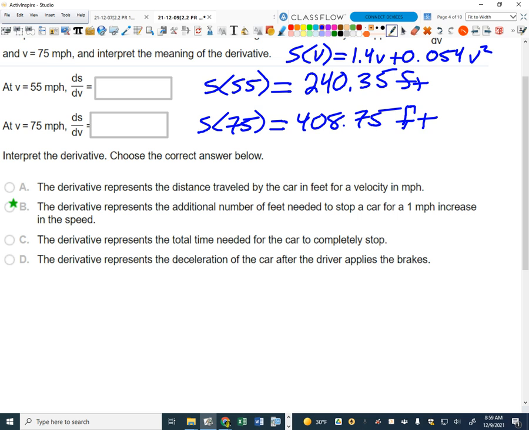Okay, well, first of all, does that seem linear to you? An increase of 55 to 75 is an increase of less than 50%, right? Look at this increase in the stopping distance. It almost doubles, right?